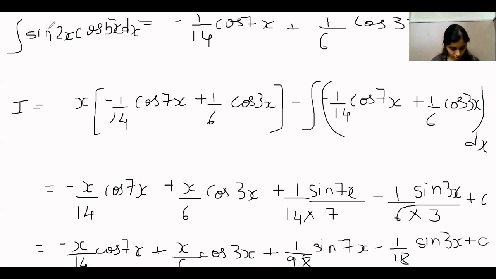So that is your 20th question. Now the answer of this question in your textbook is misprinted, so be careful while solving the sum. Okay, let's move to the next one.